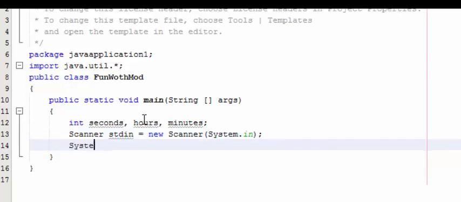Now, how about if we do a prompt and tell the user at the keyboard to please enter the value. So remember, for prompts, use print, not println, so it looks better.